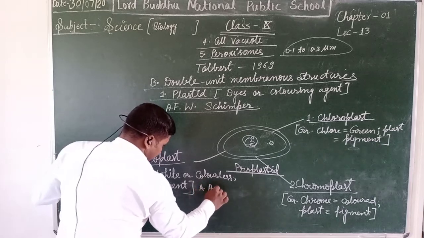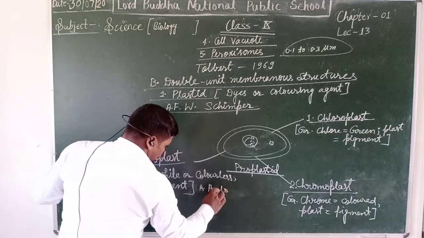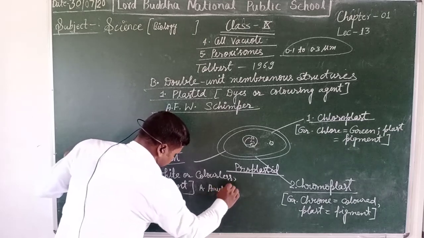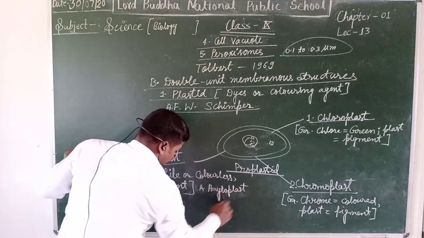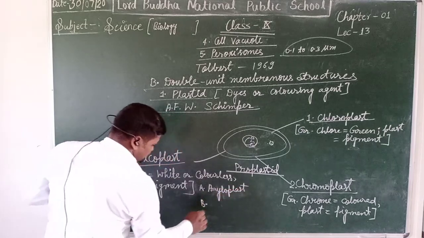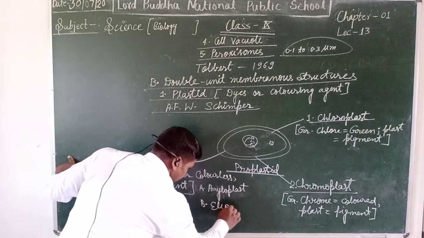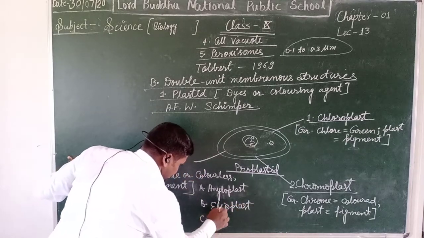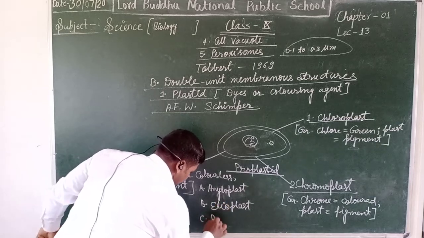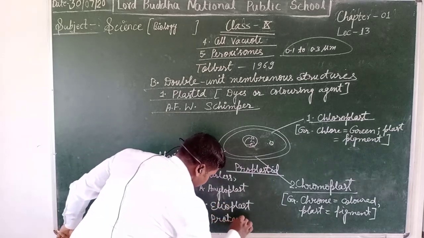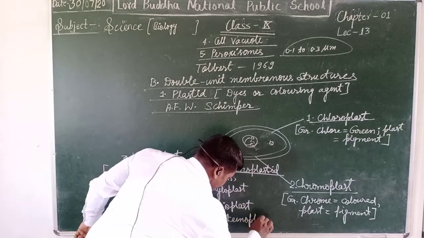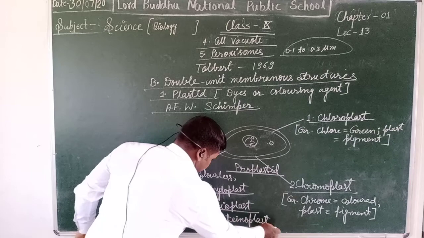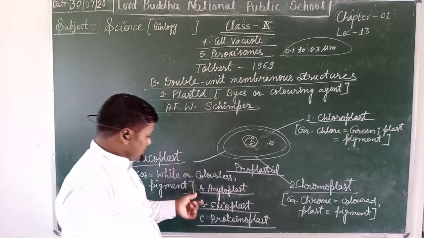First, amyloplast. Next, elaioplast. Next, proteinoplast. Amyloplast, elaioplast, and proteinoplast.